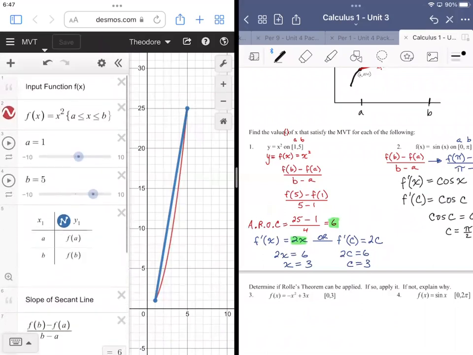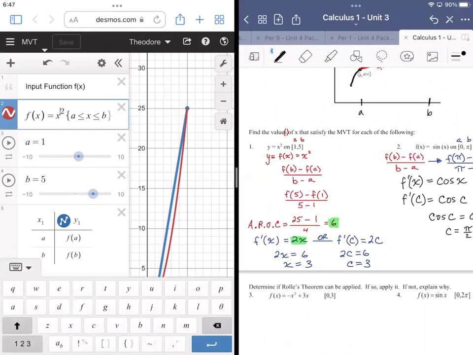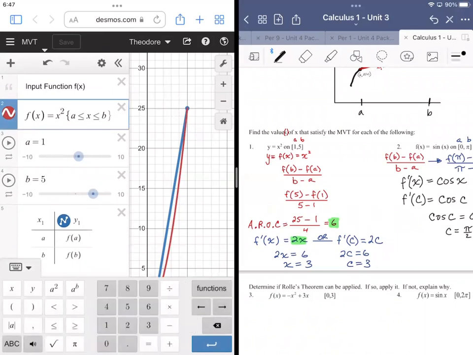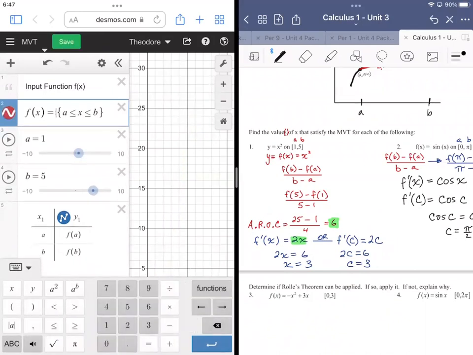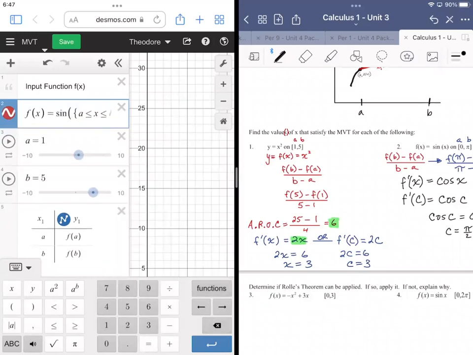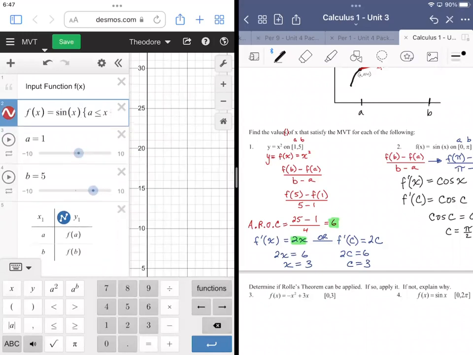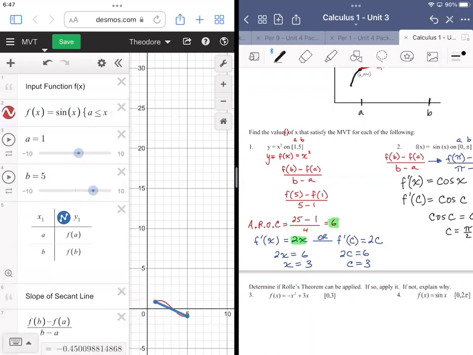So let me go back and do that with sine of x and see how it goes. The sine of x. It's funny, I mean, sidebar. I'm teaching in every one of my other classes all the concepts that one would need to be successful in this class.